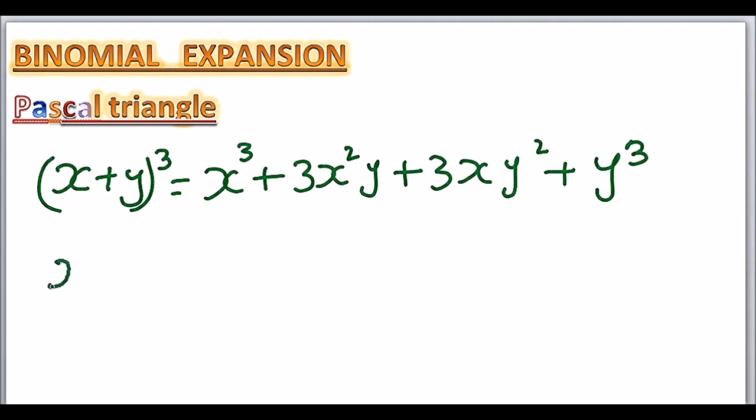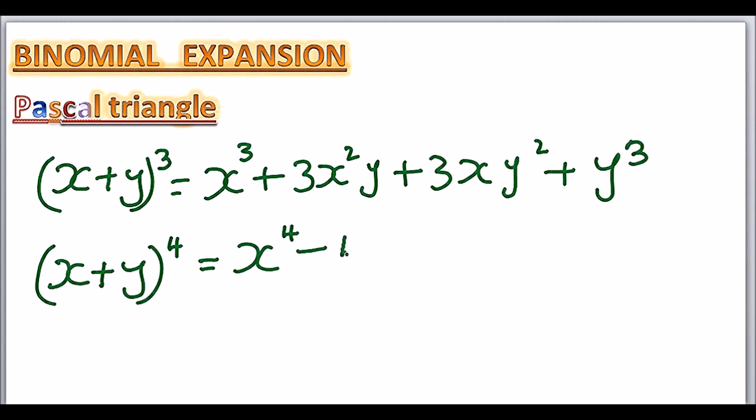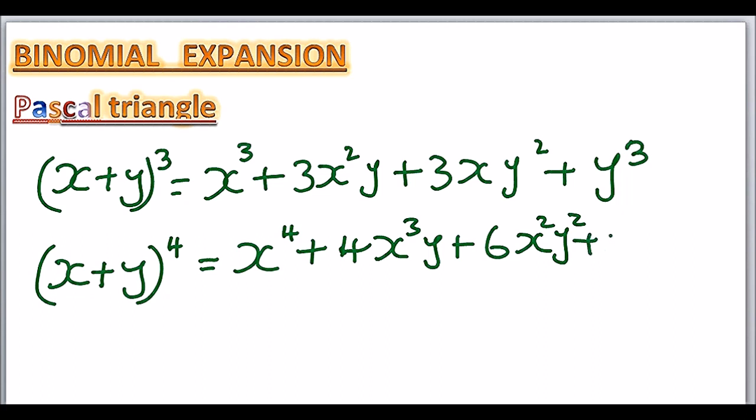Then we have (x plus y) to power 4. We got x to power 4 plus 4x cubed y plus 6x squared y squared plus 4x y cubed plus y to power 4.